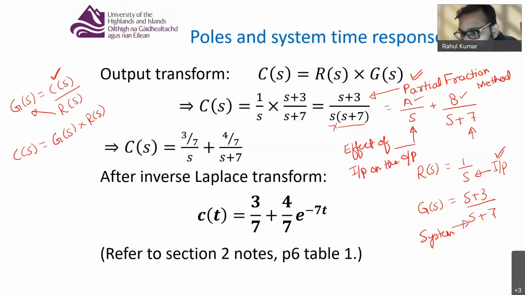And for the second term, in the denominator we have s plus 7, and for the system in the denominator we have s plus 7. So it represents the effect of system on output.